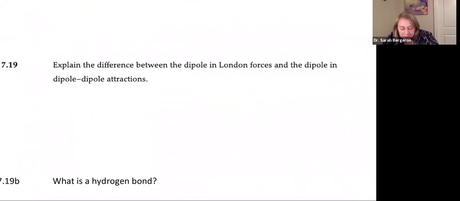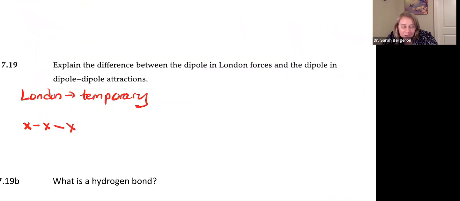Explain the difference between the dipole and London dispersion forces and the dipole-dipole interactions. So if you are doing London forces, these are temporary, right? Remember we said if you had some molecule like this and it had a particular electron cloud that looked sort of like that, if it bumps into a wall, what's going to happen?